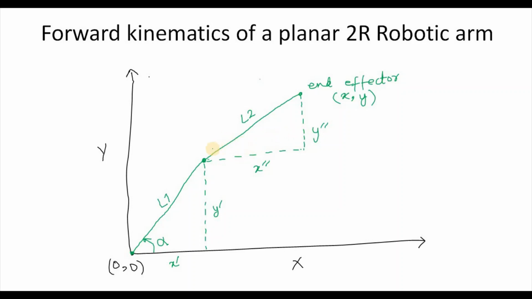One more thing we need to define: here we know this angle alpha, and here we know this angle beta. Notice that the angle alpha is anti-clockwise, and angle beta is clockwise. So angle beta is negative and angle alpha is positive.